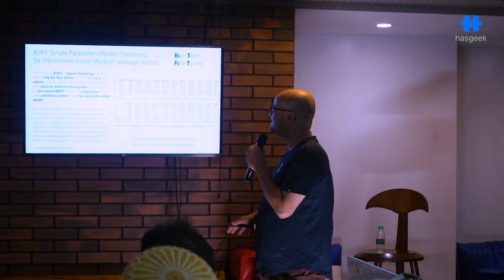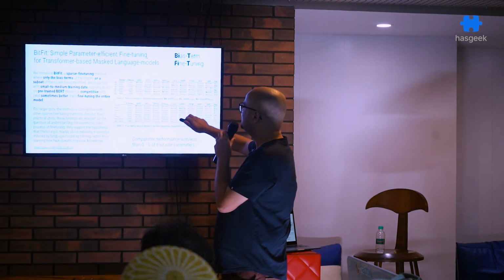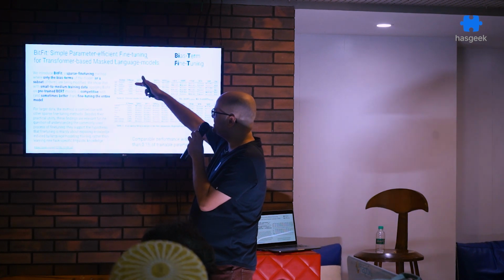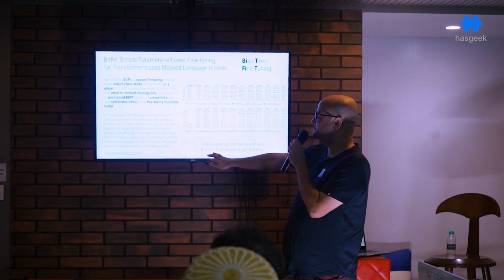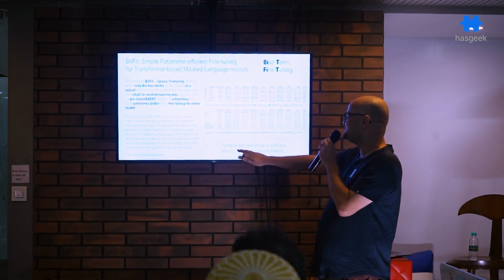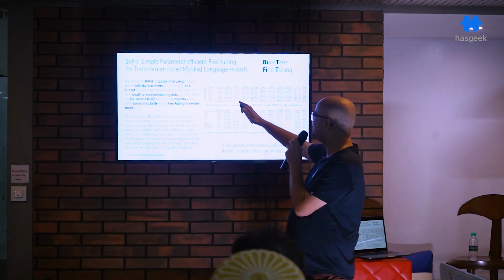And if you look at all these numbers, so that's full fine tuning and weight fit. And if you look at the percentage of parameters that is being fine tuned, that's literally typically less than 0.1%. You're fine tuning less than 0.1% of the trainable parameters. And if you look at the performance, not too bad.